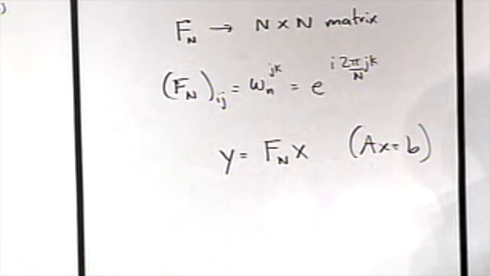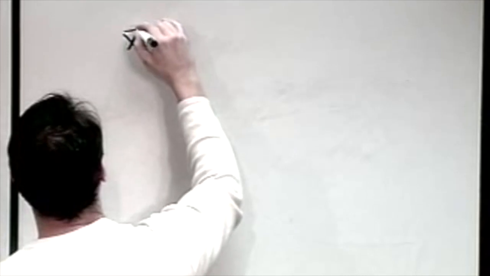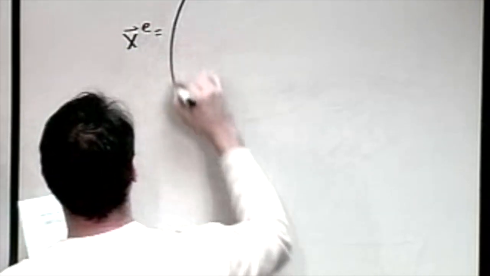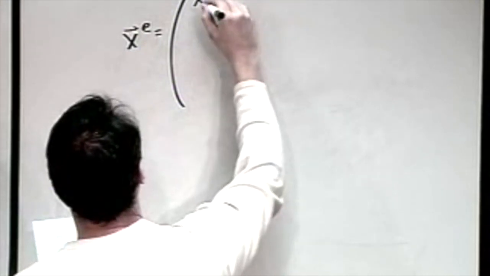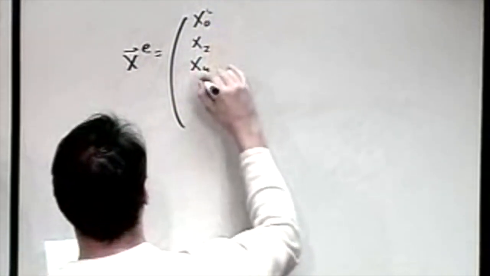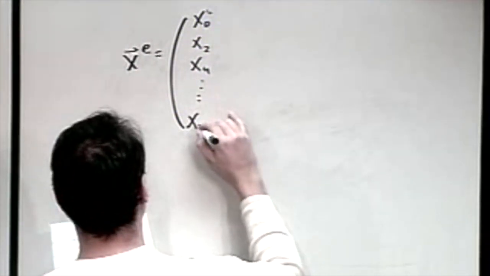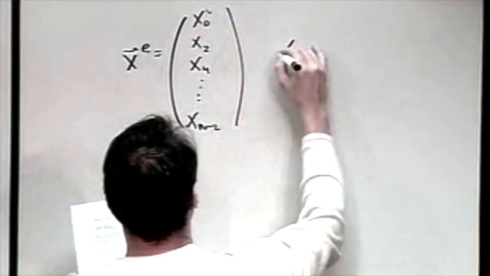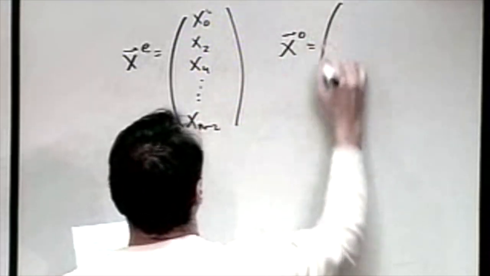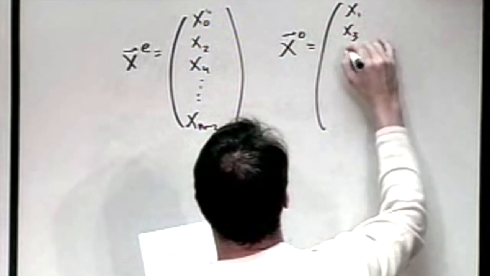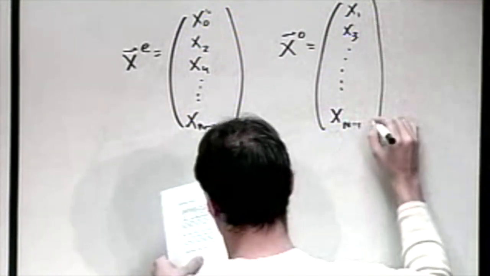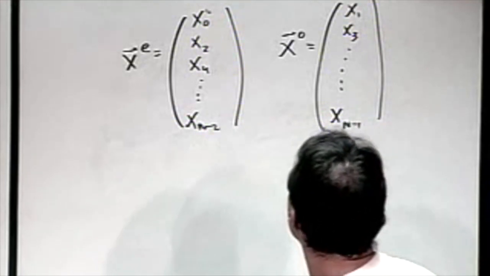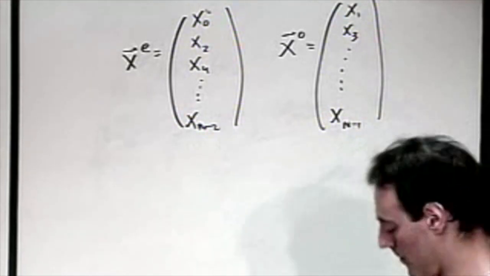And what happens then is you can say, okay, let's split it up into what is called an even part, where what I do is take every other component, an odd part, every other component as well. Total of n components.